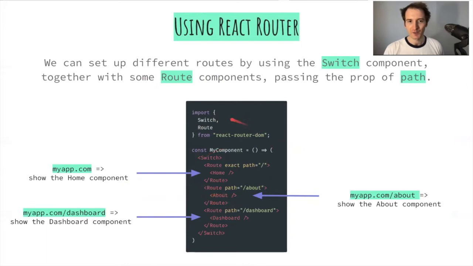And basically, we have two components that we can use to create new routes. We have the Switch component, which we get from React Router DOM, and we have the Route component, which also comes from the same library. And the deal here is that it's a lot like a switch statement in JavaScript.